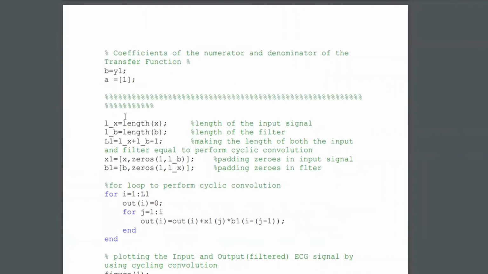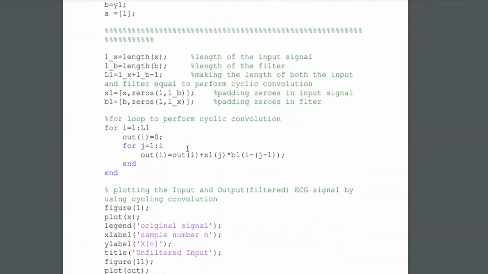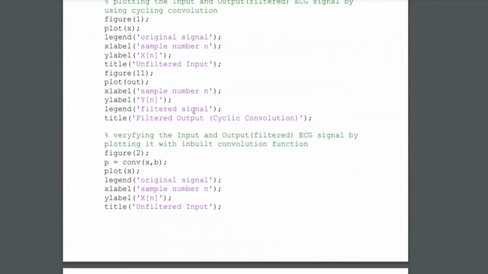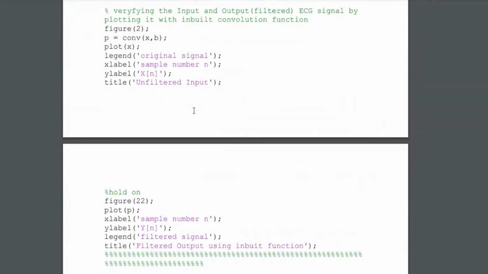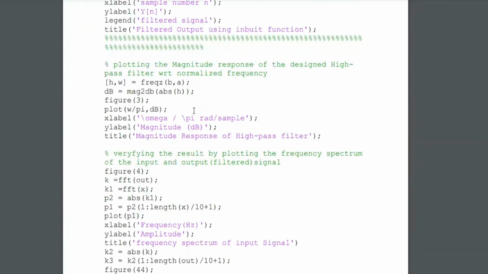Here we have used the circular convolution. We are finding the length of the input signal and of the filter. Here we are padding the zeros to make the number of elements equal. And now we are performing the summation here by running a for loop. Here we are plotting the graphs only, nothing else.